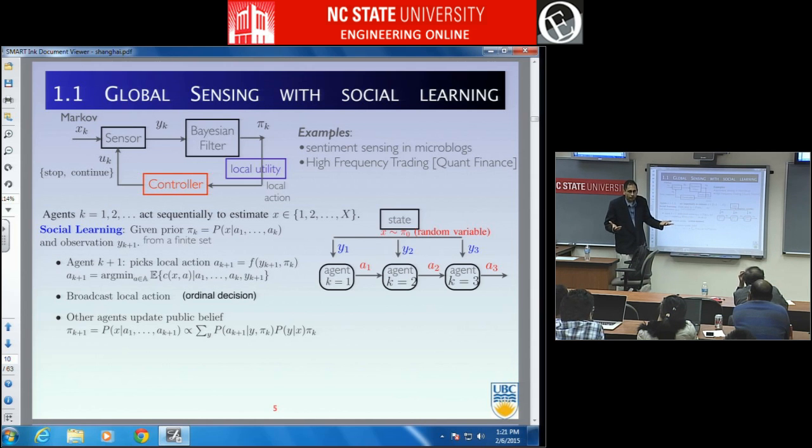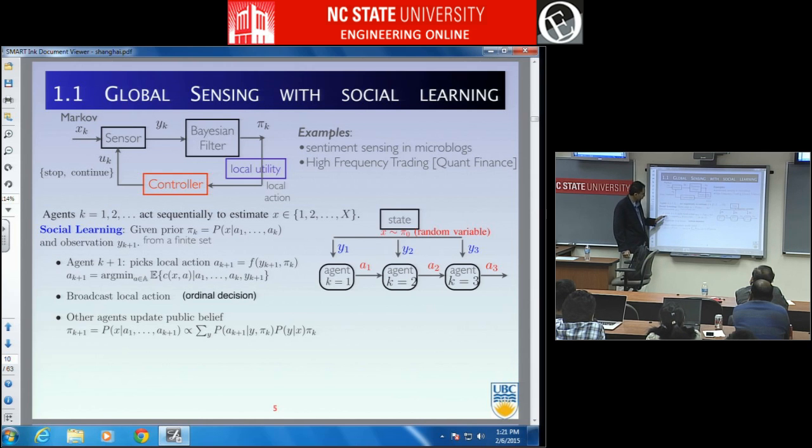It doesn't know x, of course. So the best it can do is optimize the conditional expectation of c of x, a, given the past decisions of previous people, it knows that from the prior, and its private observation. Okay? This is basically classical Bayesian stuff. So it computes this. It finds the best a which minimizes this, and this is the decision agent k plus 1 takes. Okay? It's very simple.